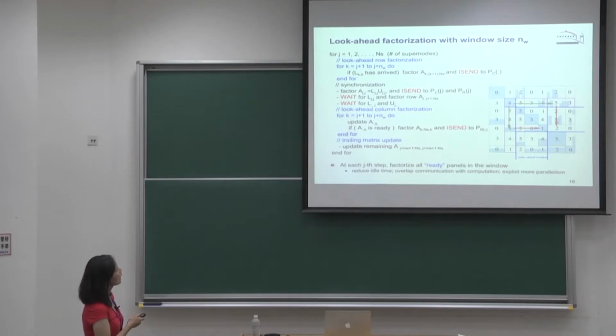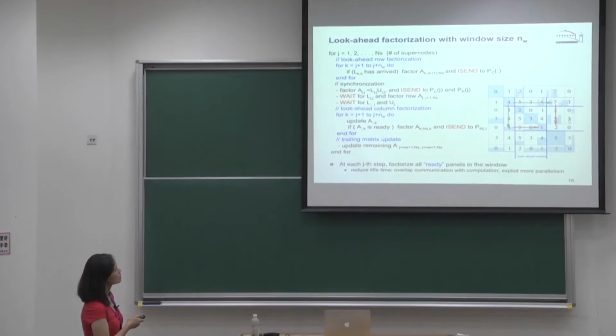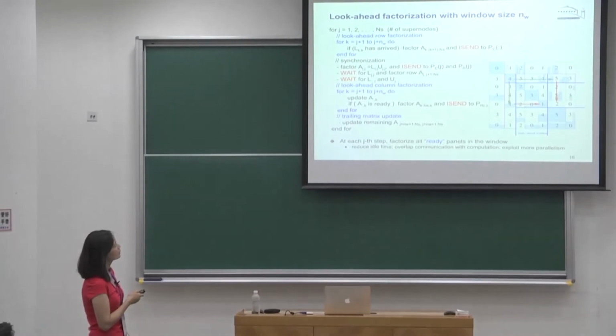After we factorize this column at step j, we immediately send it to the next column of processes. Then the next column of processes, instead of waiting for the whole Schur complement update to finish, immediately starts the factorization of its panel and sends it right away.